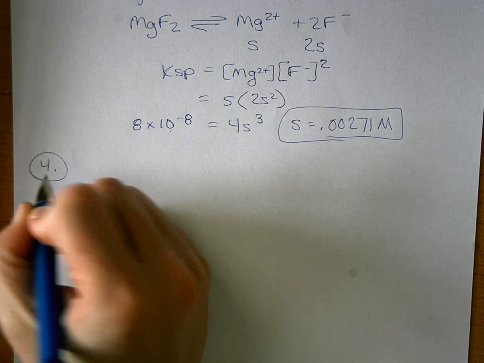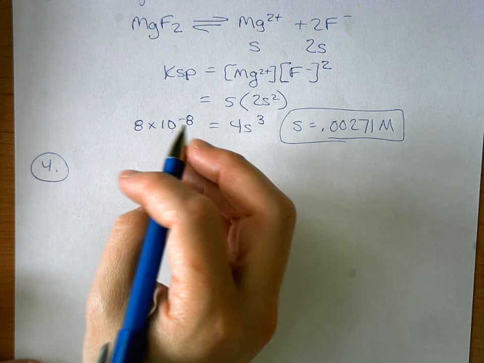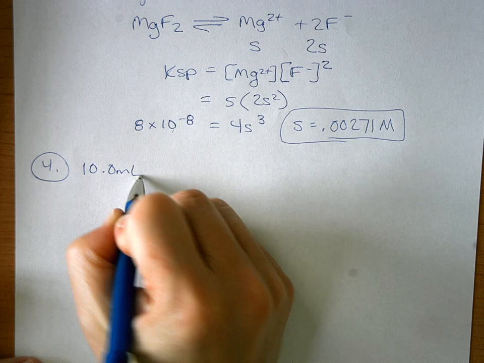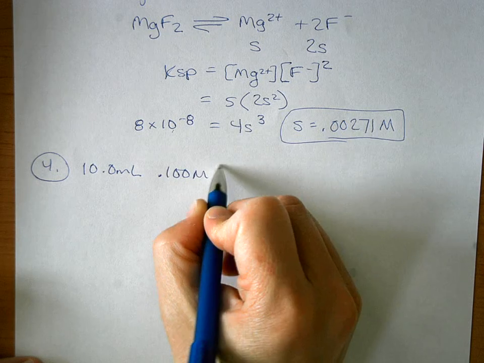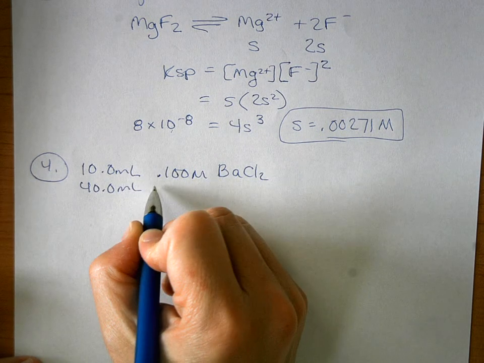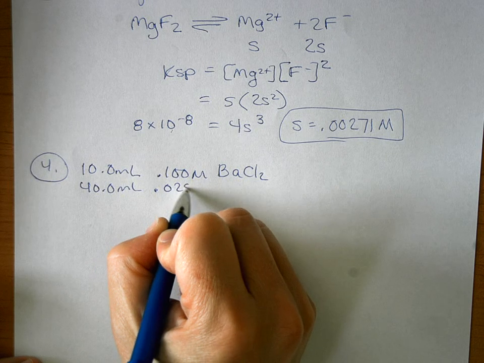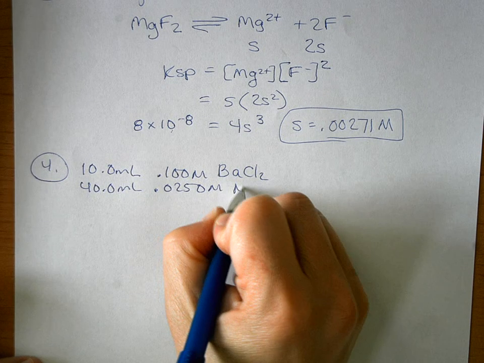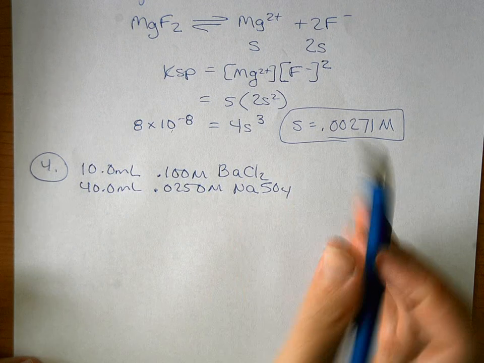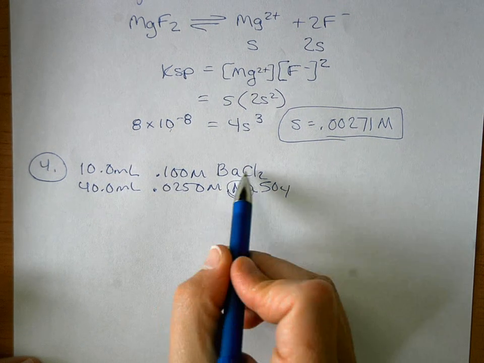Number 4, we're asked to figure out if a precipitate will form. We've got 10 milliliters of 0.100 molar barium chloride, 40 milliliters of 0.0250 molar sodium sulfate. Okay, this is a double replacement reaction, the sodium and the chloride are going to react together.